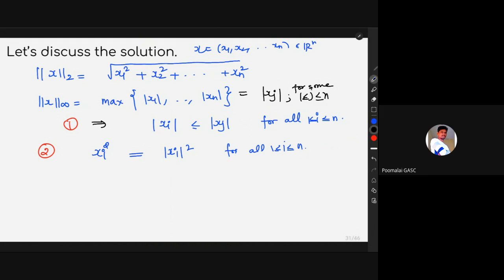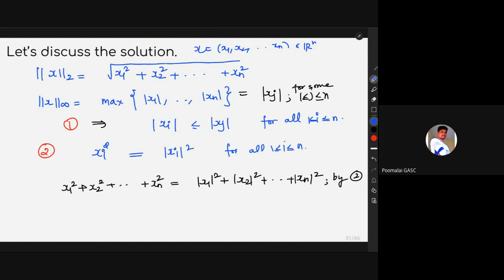So now let me write x1 square plus x2 square up to xn square, and this will be equal to the sum of the squares of the moduli of x1 up to xn. Now I will only focus on the right hand side.